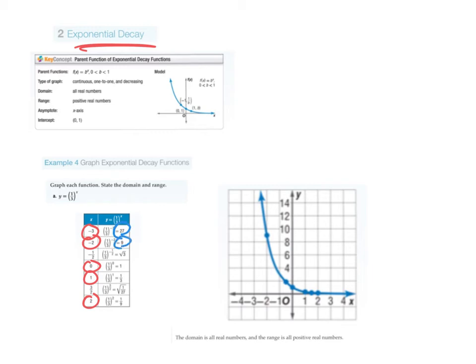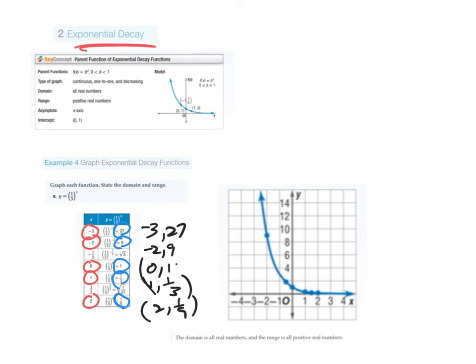We have 27, 9, 1, 1/3, and 1/9. So if we put those ordered pairs in, we have -3 and 27, -2 and 9, 0 and 1, 1 and 1/3, and 2 and 1/9.